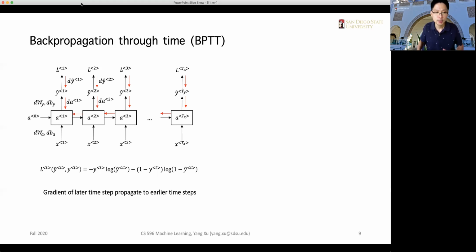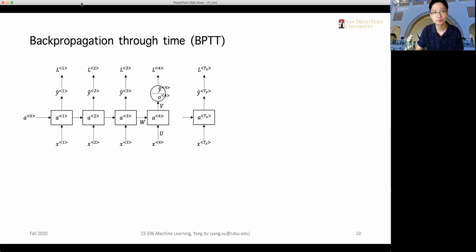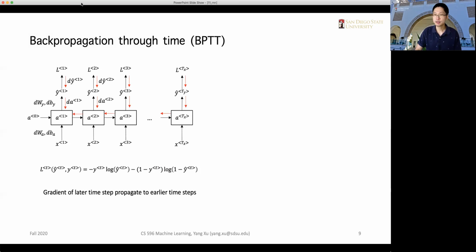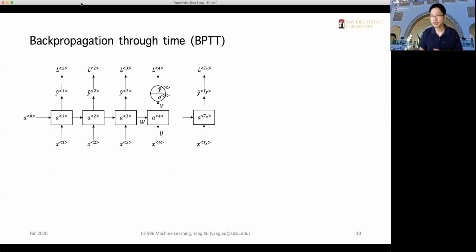Okay, so in general, the gradients at later time steps will backpropagate to the earlier time steps.